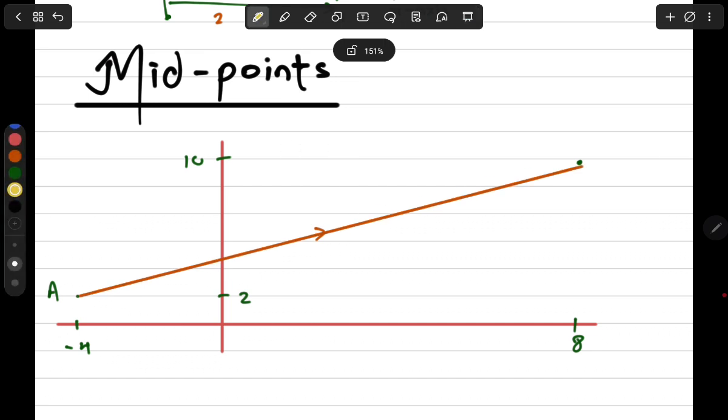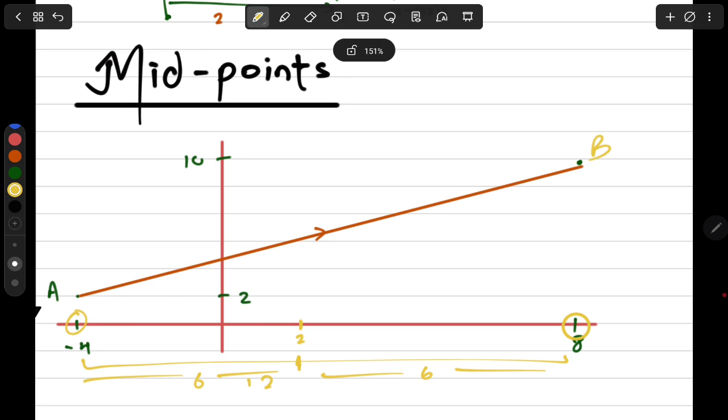So horizontally, between 8 and -4, this distance is 12 together. So halfway is going to be horizontally 6 units away from A and 6 units away from B, right? So 6 units away from -4 is 2. So this point is going to be 2, or 6 units away from B is also going to be 2. 8 minus 6 is 2, right?